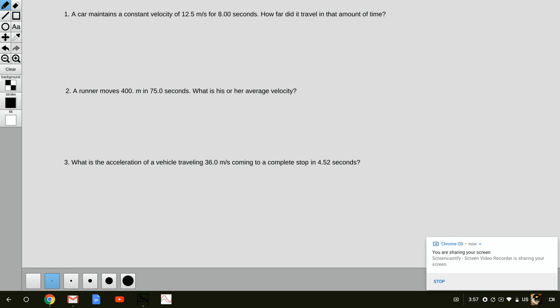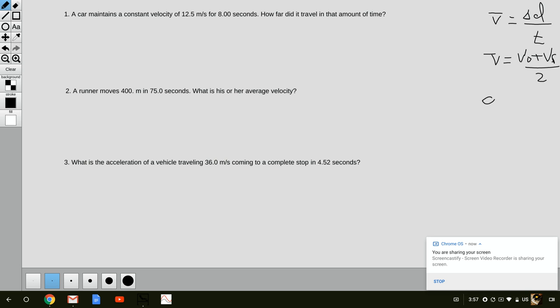All right, so the first thing you might recall is that we have some equations here. I'm going to write these over in the corner. Our average velocity is the displacement divided by the time interval it takes. Average velocity is equal to initial velocity plus final velocity over 2.